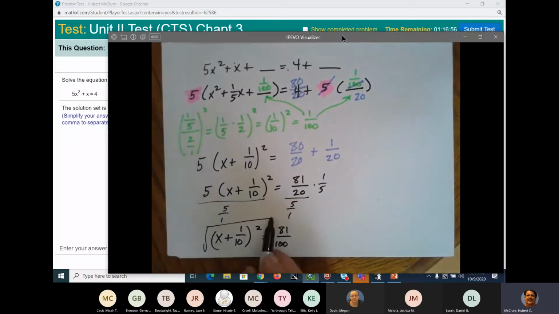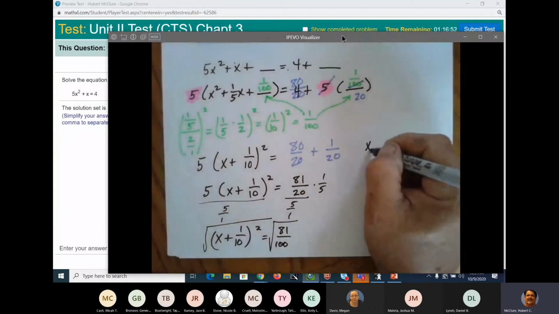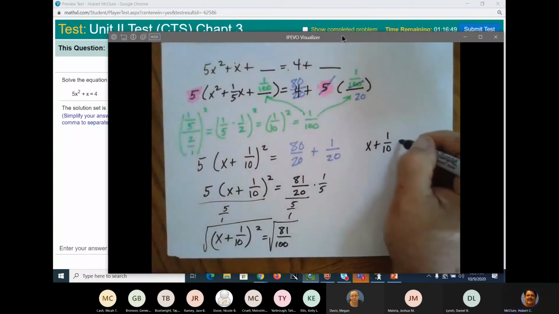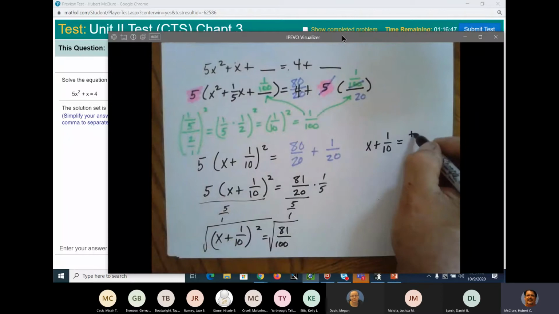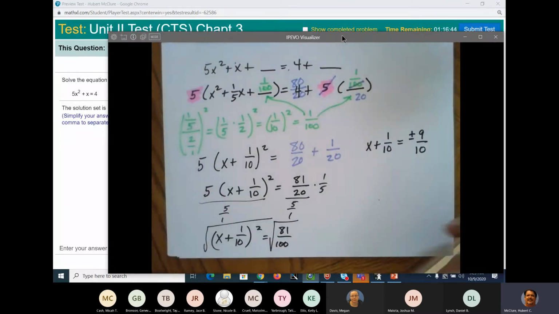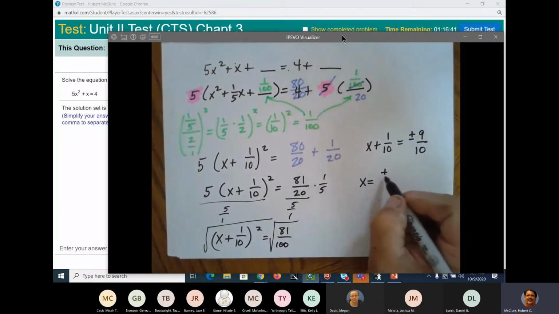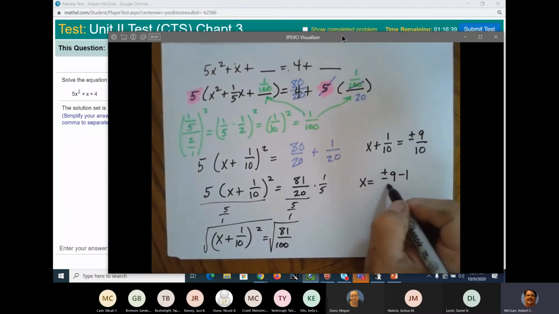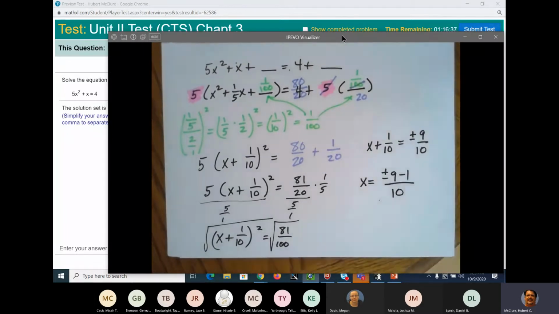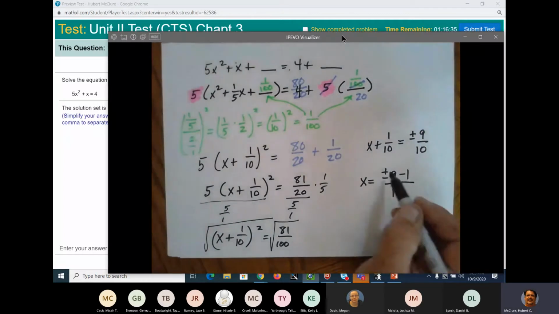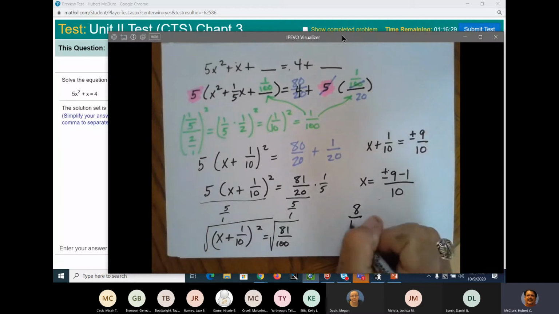Take the square root of both. X plus 1/10 is equal to positive or negative 9/10. X is equal to positive or negative 9/10 minus 1/10. Positive 9 minus 1 is 8. 8/10 is 0.8.